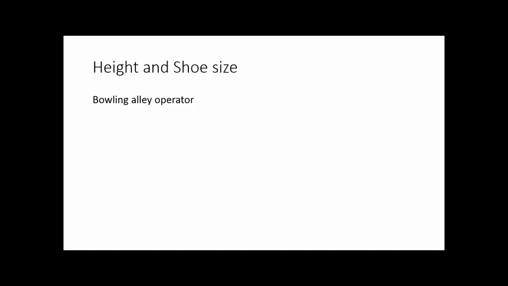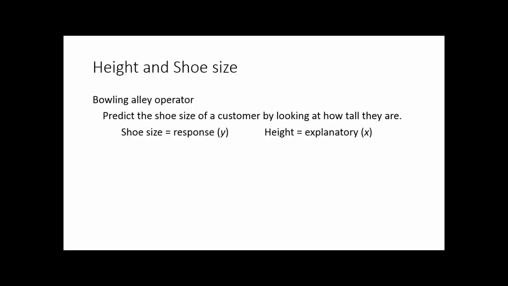So in that description, it sounds like they will know the height, and they want to predict the shoe size. So the response should be the shoe size, the thing that I'm going to make a prediction about, and the height should be the explanatory variable. So that makes a lot of sense.